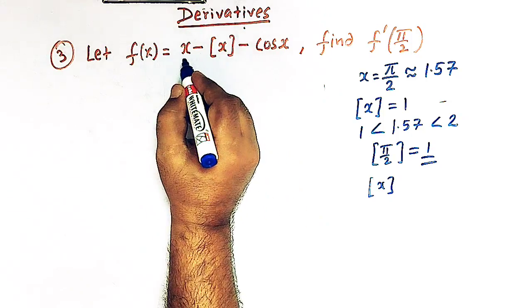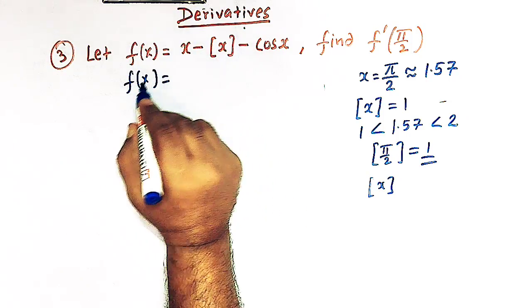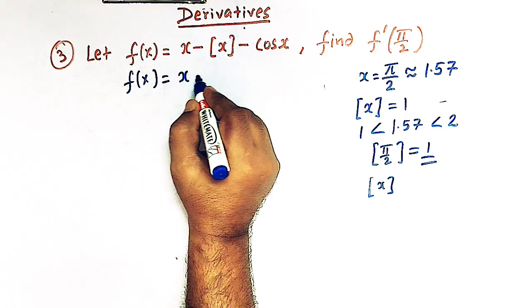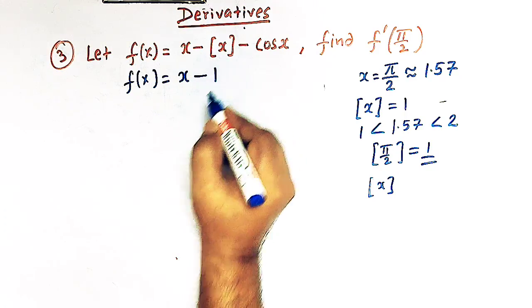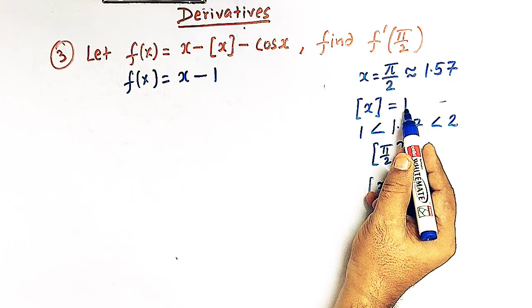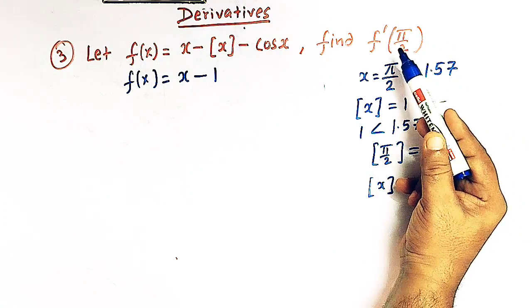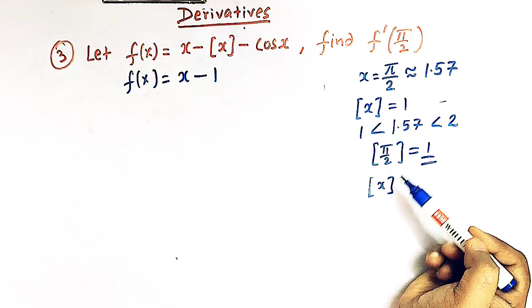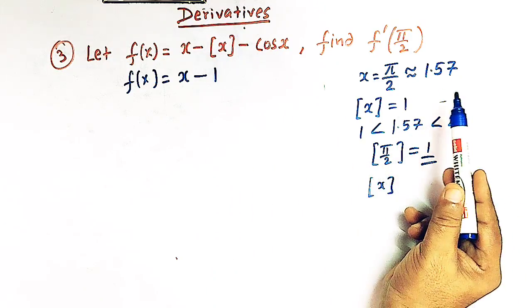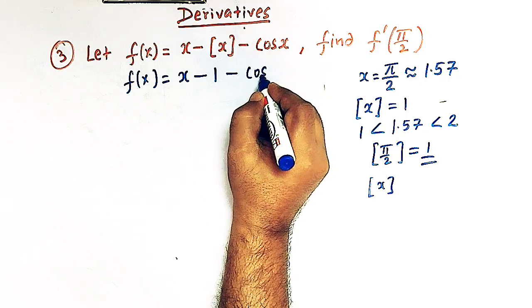So here we can now write this function in a modified form, that is f of x is equal to x minus 1, right? Because in the neighborhood of pi by 2, the greatest integer of x is equal to 1, and here we have cosine x.